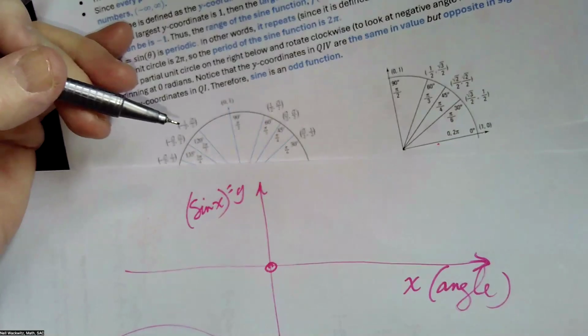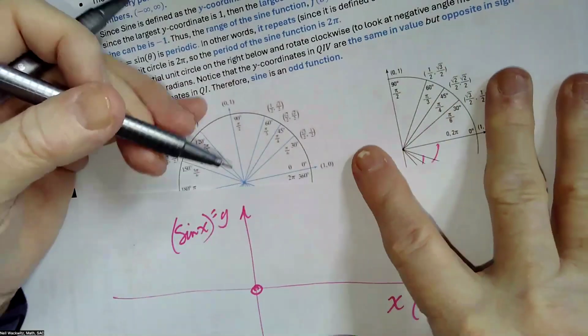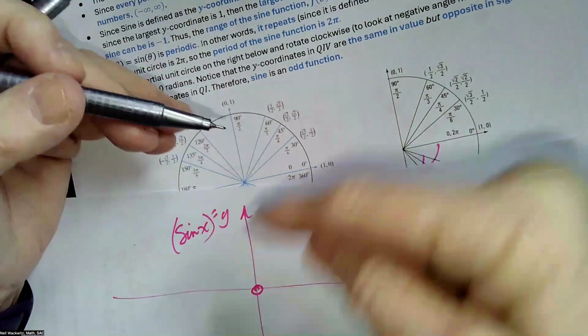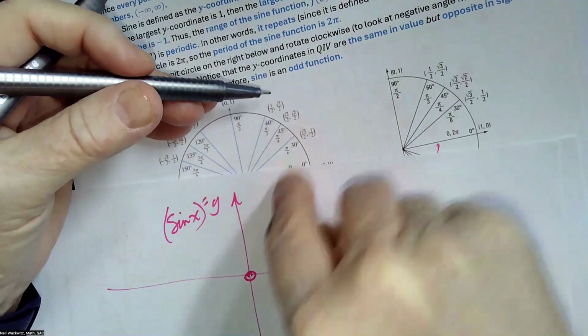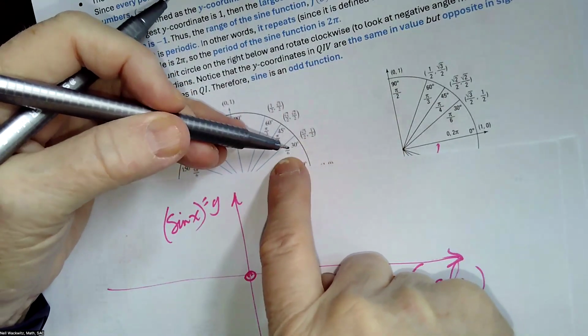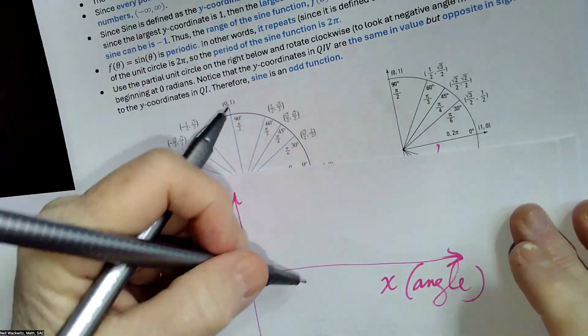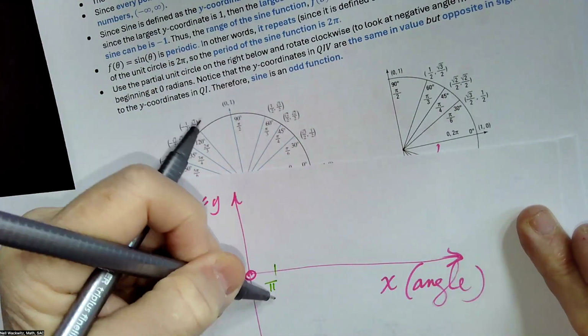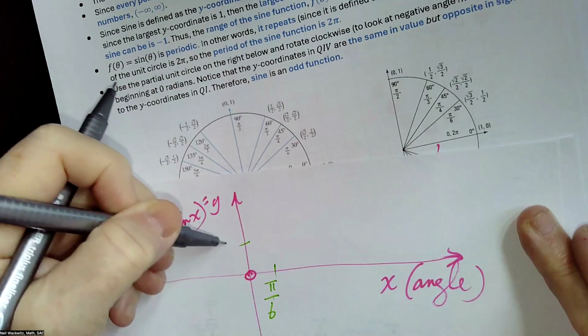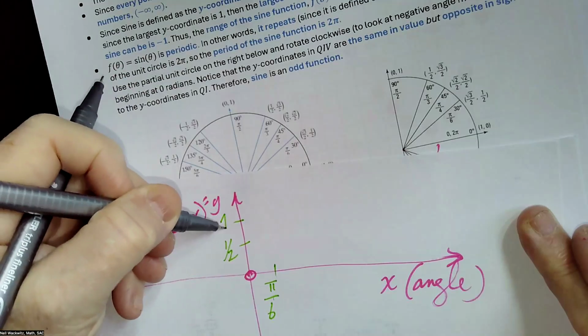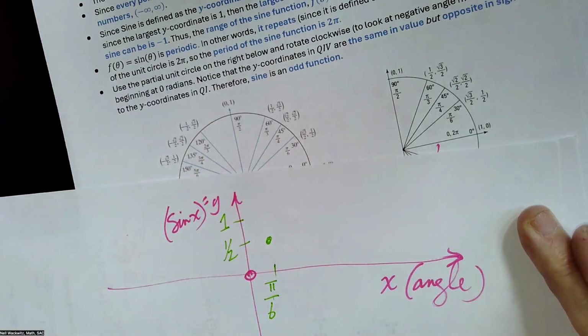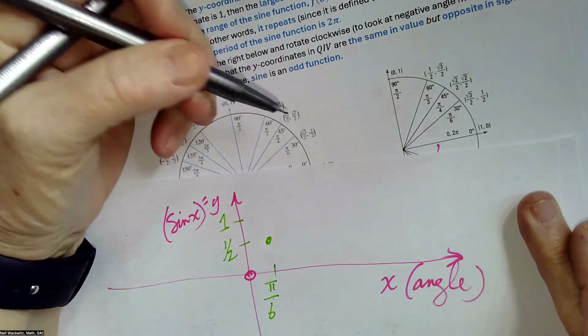And then we'll connect the dots. So the next nice value of sine happens at pi over 6. Sine is 1/2. So at pi over 6, the sine is 1/2.